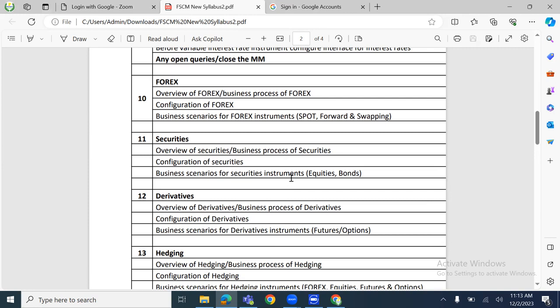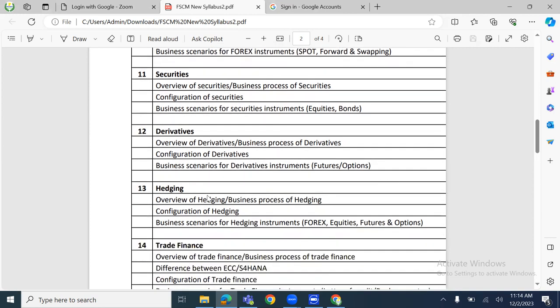The scenarios I am going to cover are equities and bonds. Then coming to derivatives: overview of derivatives, then configuration of derivatives, then the business scenarios I am going to cover, futures and options.